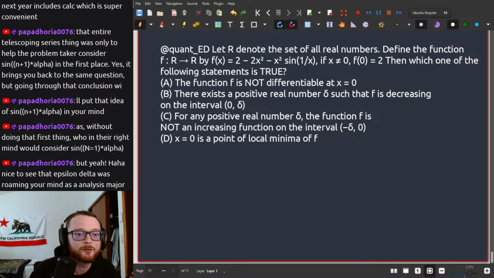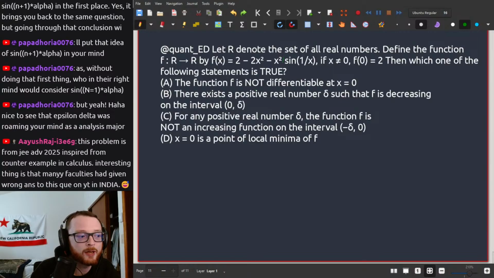Okay, so ooh, we have x squared sine of 1 over x. So if it was just sine of 1 over x, that's the special function whose limit does not exist as x goes to 0, despite being bounded.